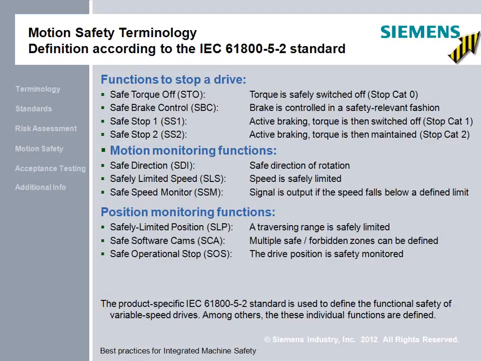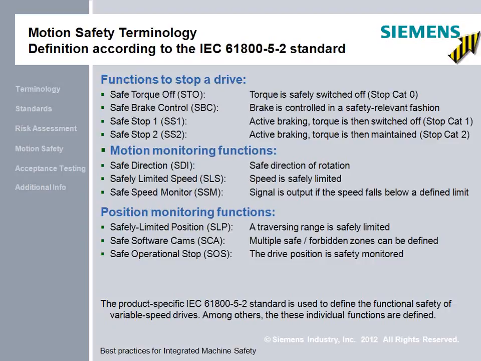And this standard 61800-5-2 defines functions to stop a drive, functions to monitor motion, safety relevant motion, and functions to look at position, to do things such as zone demarcation, safe software cams. So let's take a brief moment and look at these a little bit closer.